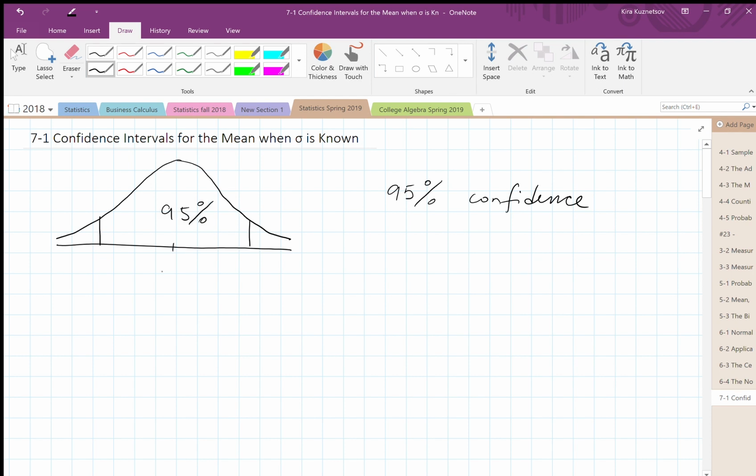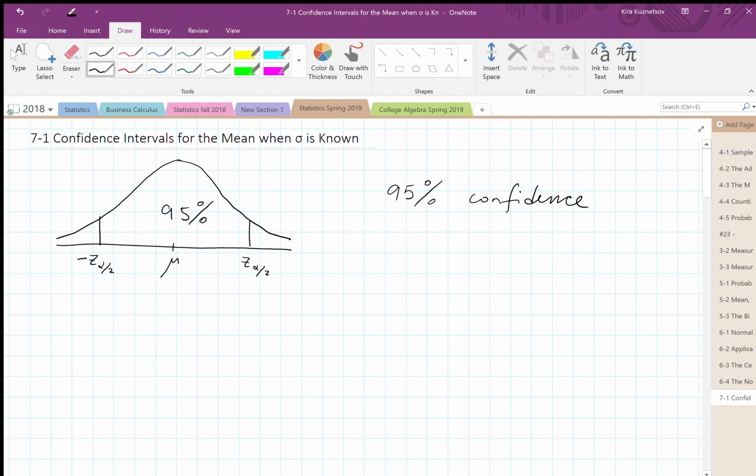So if in the middle of my normal curve is my mu, I want to be 95% sure that the x bar is somewhere in the body of the problem. So what we do is we label these as z alpha over 2, and you're going to find out throughout the chapter why it's labeled this way.